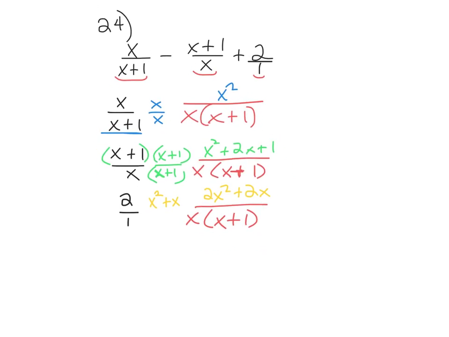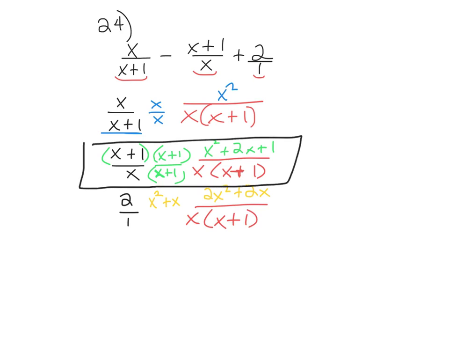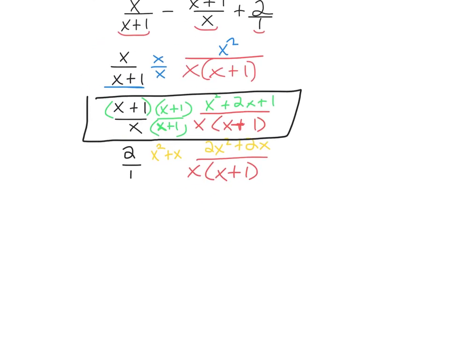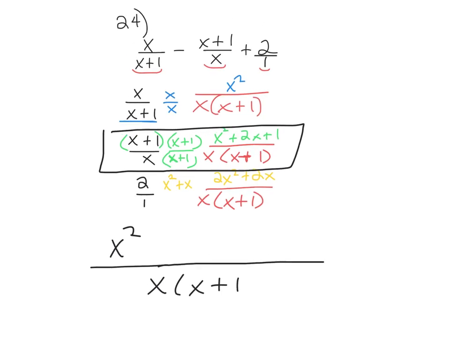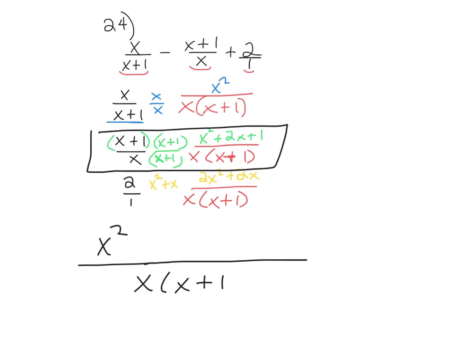I now need to put all this together because this second fraction here is being subtracted. So my first fraction is x squared, and then the bottom is the same for all. So I'm just going to write one large fraction. For my second fraction right here, I need to distribute this subtraction sign to each one of my terms.